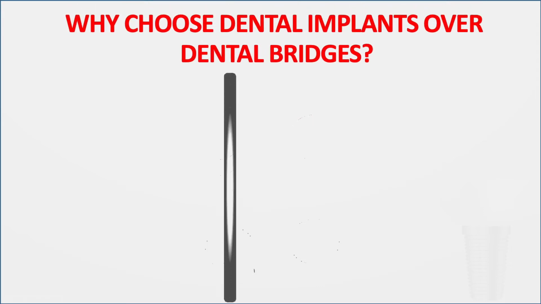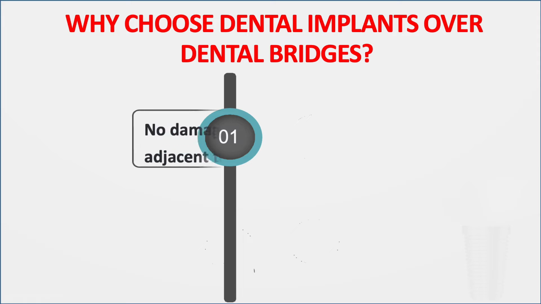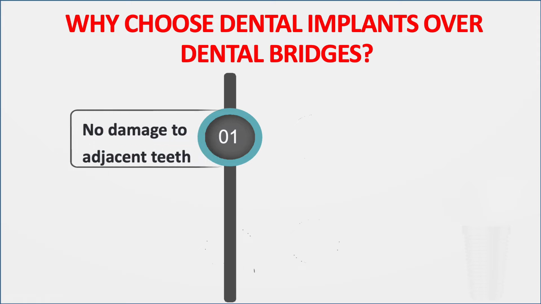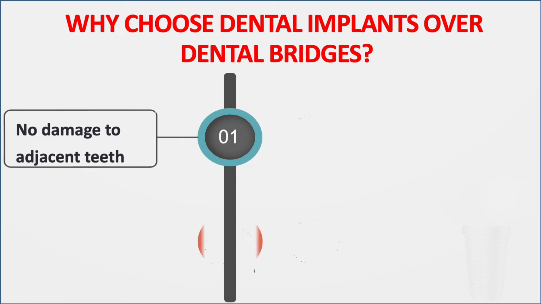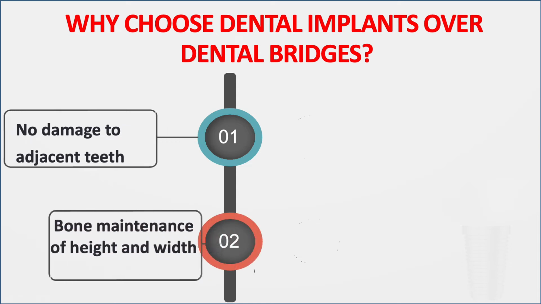Okay, why do we choose dental implants over dental bridges? There are many reasons. In the case of fixed bridges, we need to do tooth preparation of the adjacent teeth, so there is no damage to the adjacent teeth in the case of an implant.